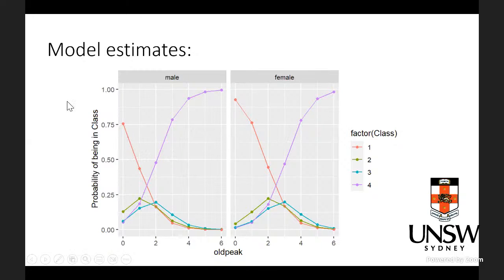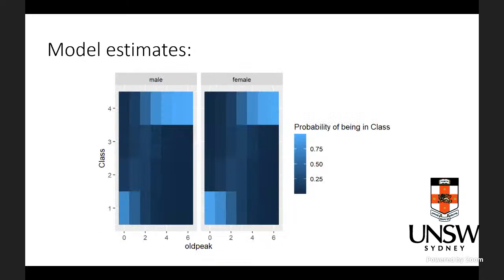So I just wanted to demonstrate that predicted values from an ordinal regression are a little bit complex because you get a set of predicted probabilities for each observation. And you could also do it as a heat map instead of that line map. So the probability of being in each class across your predictor variables. This is what was estimated by the model.